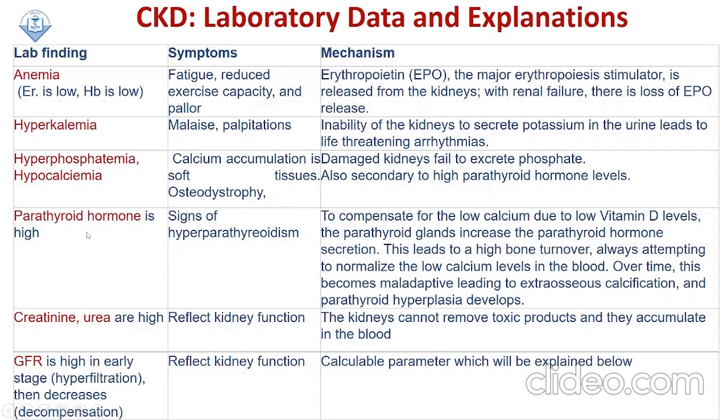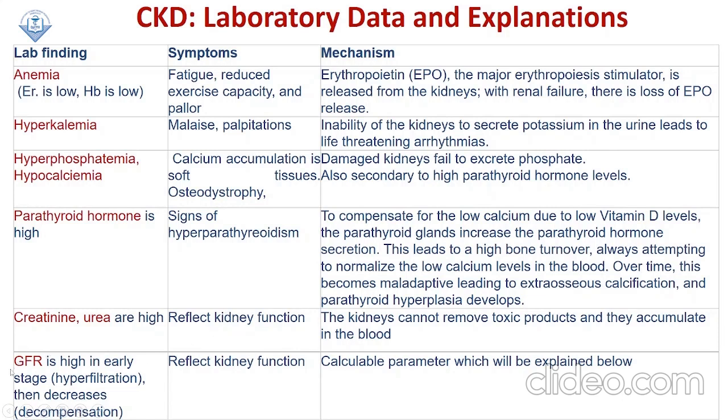Then parathyroid hormone is high, hyperparathyroidism develops with all its typical signs. Then for diagnostics we can have a look at creatinine level and urea level. They will be increased because they reflect kidney function, and as the kidneys can't remove some toxic substances, they accumulate in blood.